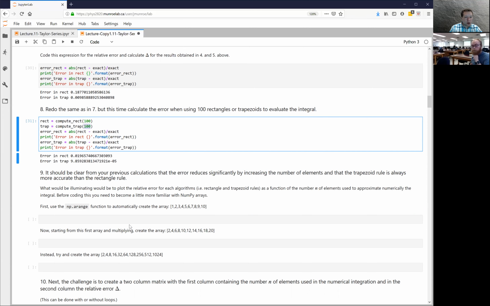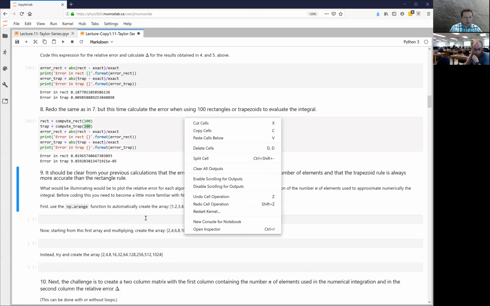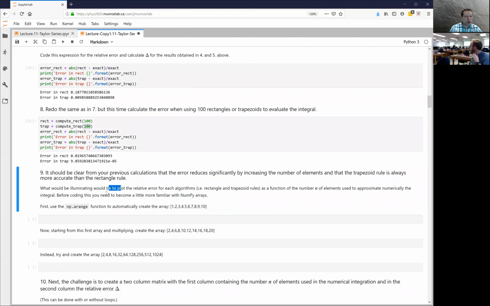So let's write some code that loops through a number of different values of h and makes a plot. Now, I don't really want to do h equals 1, 2, 3, 4, 5, 6, 7, 8. That's too fine. What I'd really like to do is have h increase by large steps all the way through.